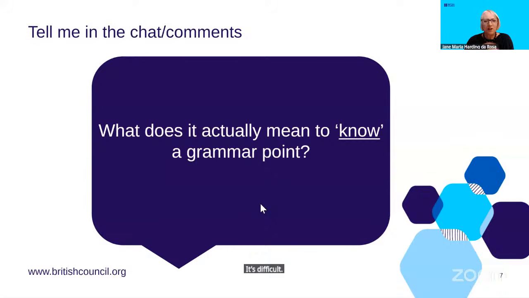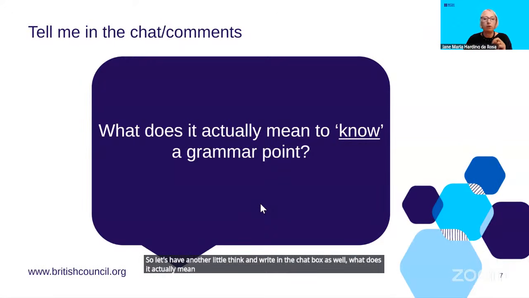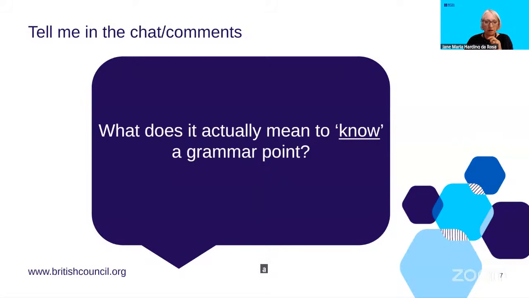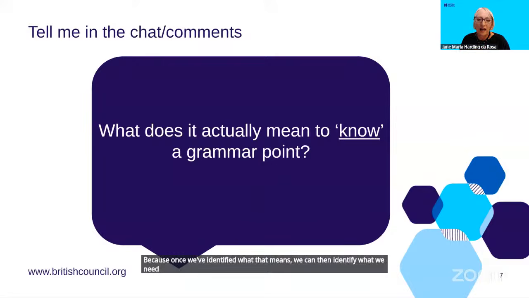So let's have another little think and write in the chat box as well. What does it actually mean to know a grammar point? Because once we've identified what that means, we can then identify what we need to do to help them.